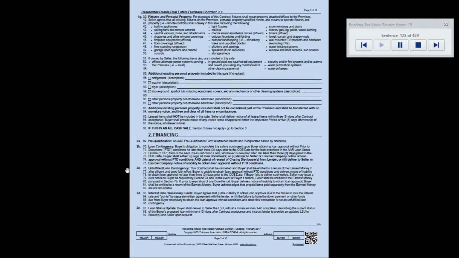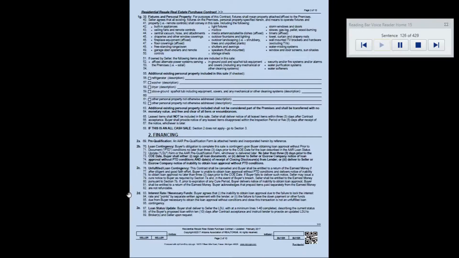In the event of buyer's breach, seller shall be entitled to the earnest money pursuant to Section 7B. If, prior to expiration of any cure period, buyer delivers notice of inability to obtain loan approval, buyer shall be entitled to a return of the earnest money. Buyer acknowledges that prepaid items paid separately from earnest money are not refundable.